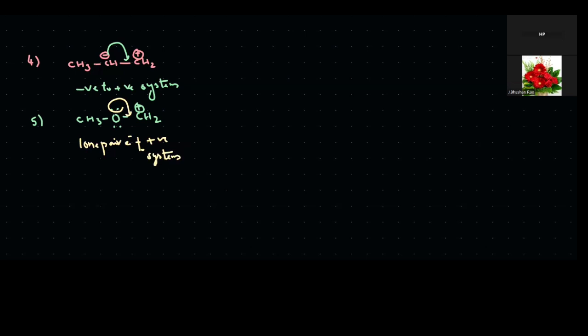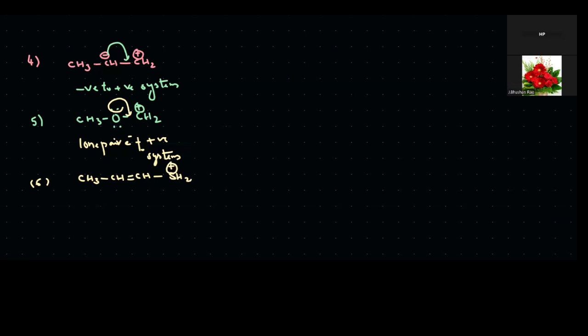And another one, the sixth one: this H2 plus. That means here empty d orbitals are present.